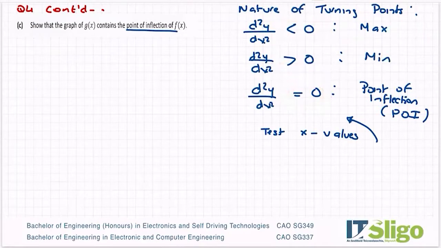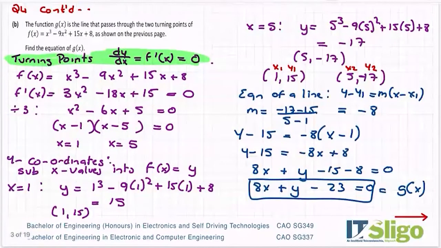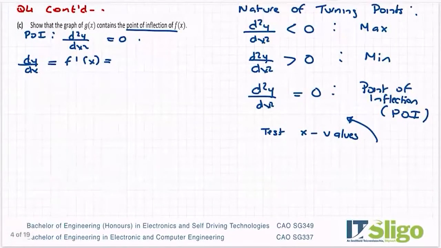So we want to show that the graph of g of x contains the point of inflection. So I'd like to find that point of inflection first. For a point of inflection, I'm going to let d2y dx squared equal to 0. So dy dx, which is f dash of x, was 3x squared minus 18x plus 15.